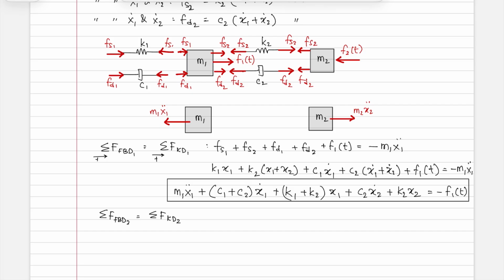Again, try yourself, choose any direction that you like. I'm choosing leftward as positive. You can choose rightward and try, you'll get the same answer. Okay, so now for this one, I have fs2 is positive, fd2 is positive, f2 is positive, is equal to, now you have minus m2 x2 double dot.